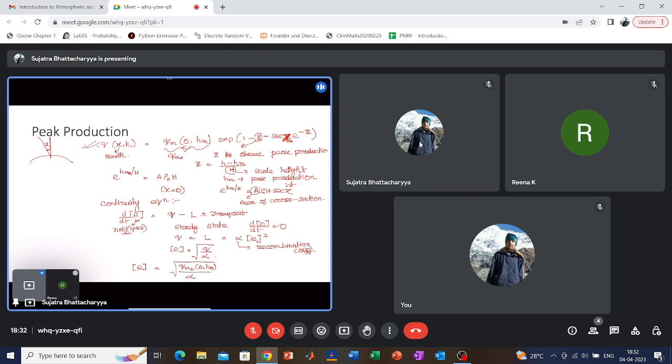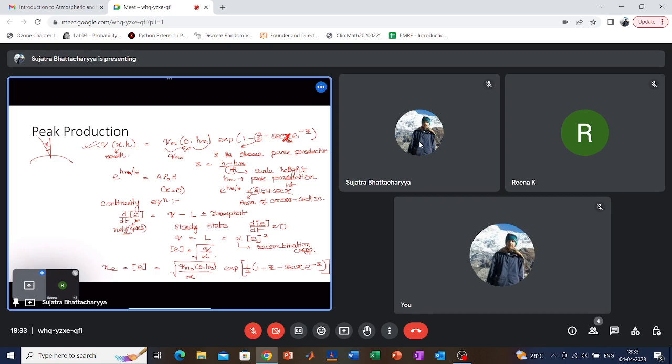But as the exponential term is there along with the root, I will write it as exponential of half of 1 minus zeta minus sec chi e to the power minus zeta. So this is the electron concentration, the density of the electrons produced.